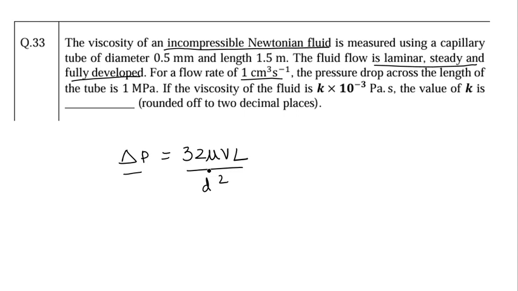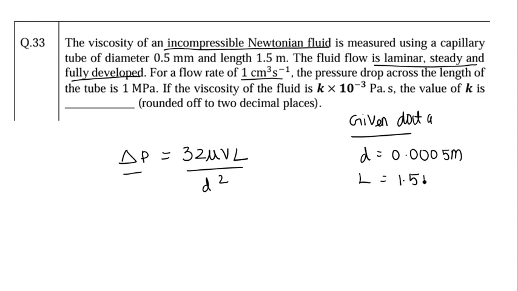Let's convert all the units to the same unit. First, the given data. The diameter is equal to 0.0005 meter. Length is equal to 1.5 meter. And del P is given as 1 megapascal.